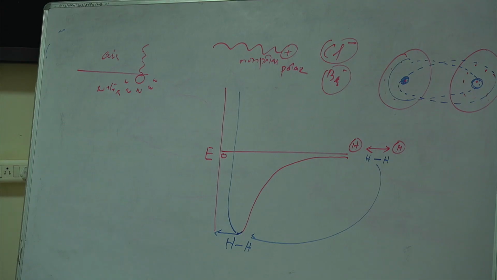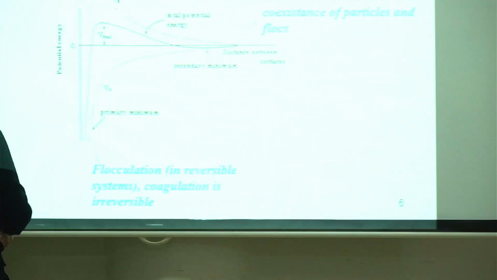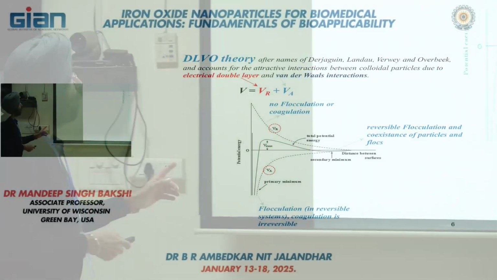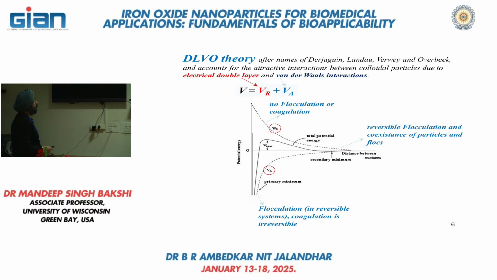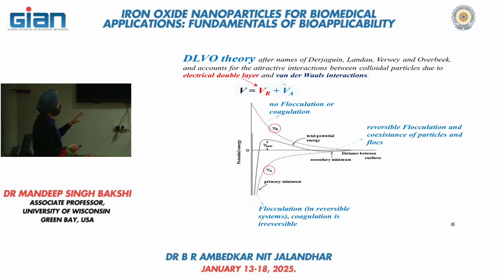So here is the potential energy of the interacting particles. It's the same diagram you see over here. This is given by DLVO theory, which is a very common theory. The concluding part of this theory is that V is not the volume, it's the total interacting potential. It's a theoretical concept. It's the combination of the electrostatic contribution and the non-electrostatic contribution.